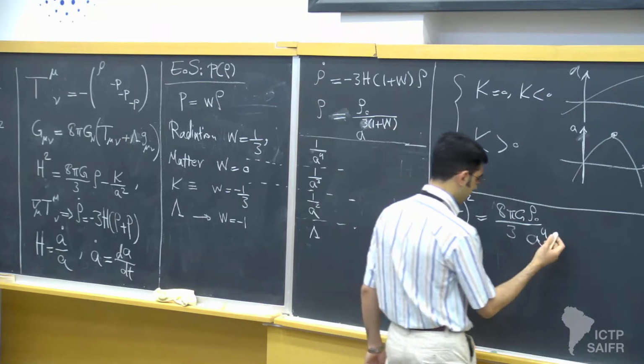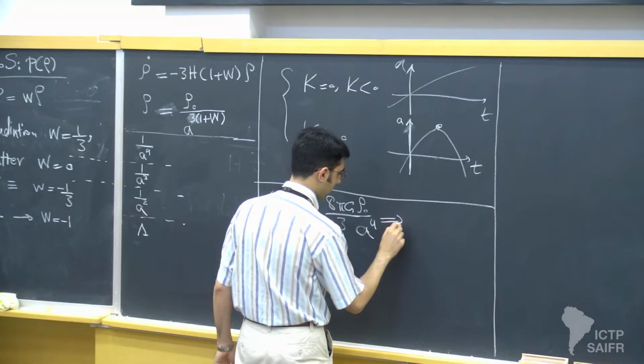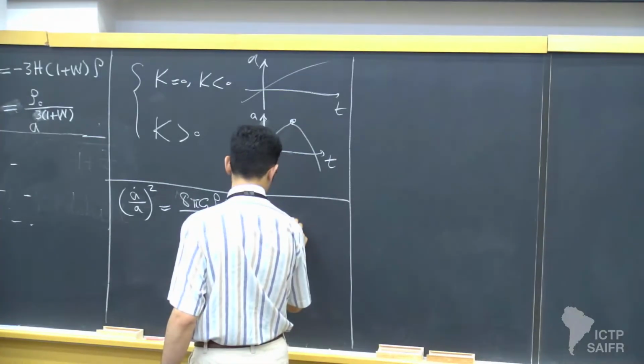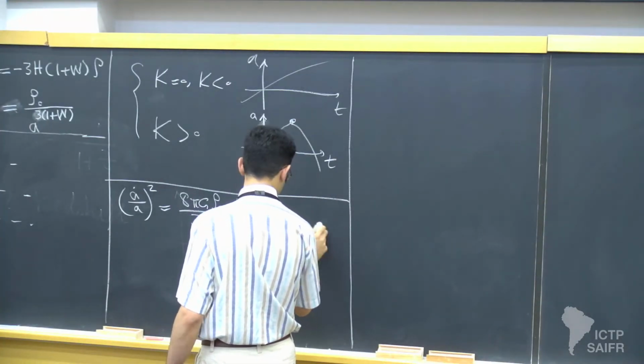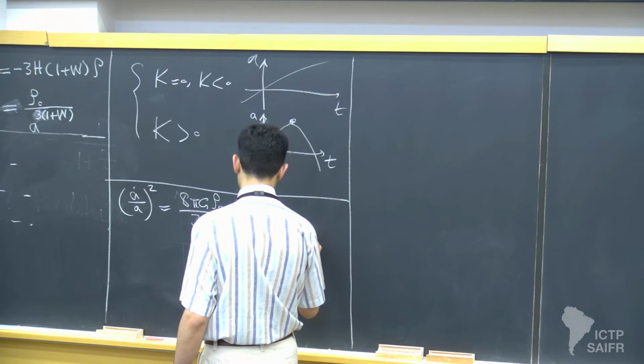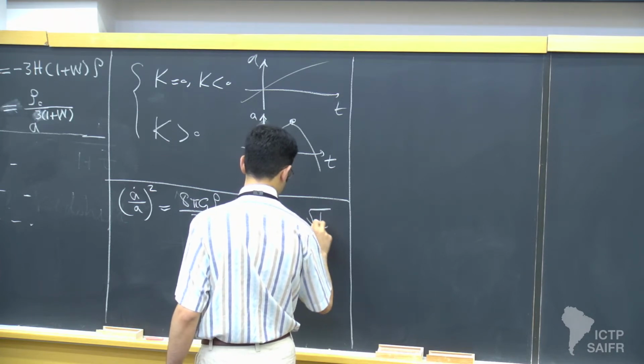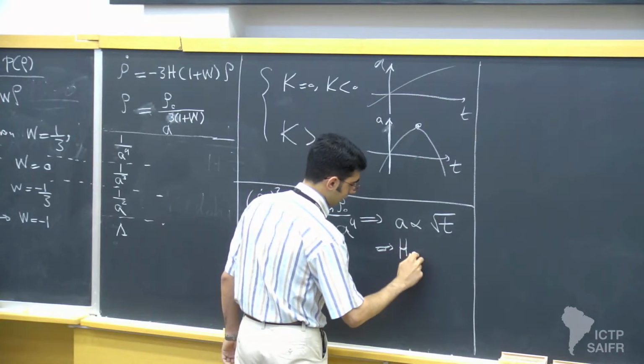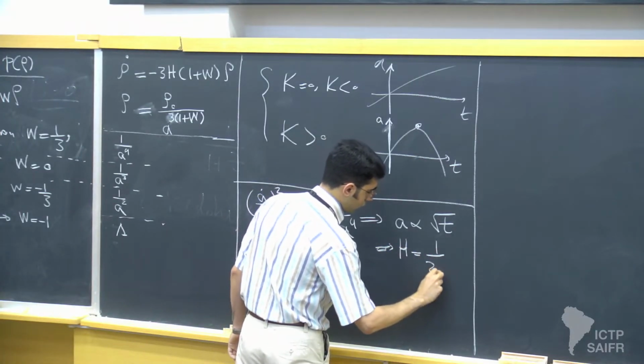So if we solve this, we are going to get a going as some constant, which doesn't matter much for us, times the square root of t, from which it follows that H is 1 over 2t.